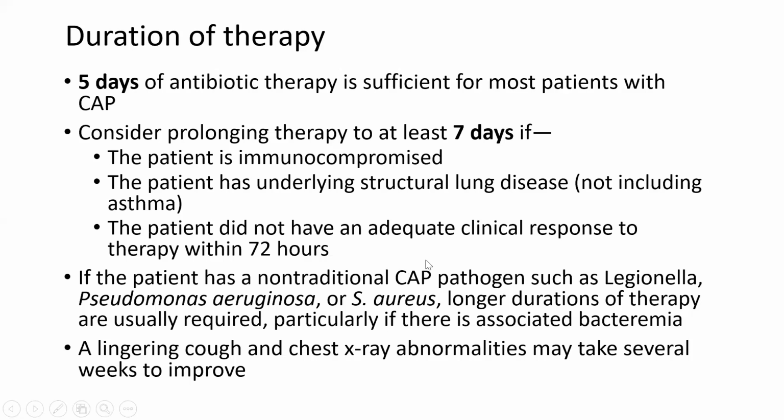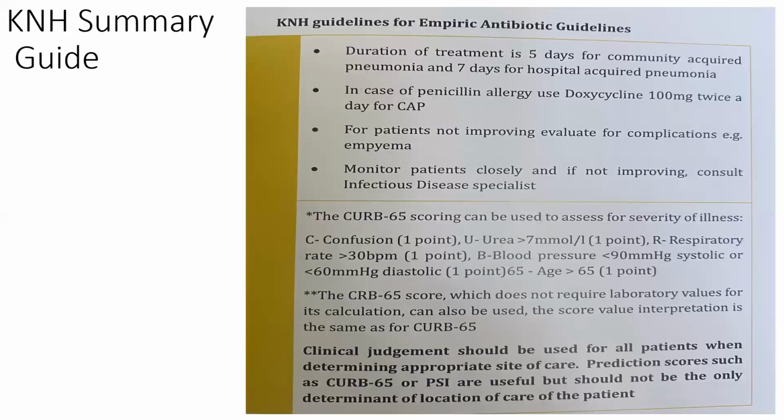Where you have identified non-traditional CAP pathogens, such as Legionella and Pseudomonas, they can be quite problematic, so those justify about 7 days of therapy. But for common CAP, 5 days is still sufficient. So our guidelines have stuck to the same: the duration of treatment is 5 days for CAP and 7 days for HAP. I think this is more summarized. It's more or less the same. I've just expounded this definition.